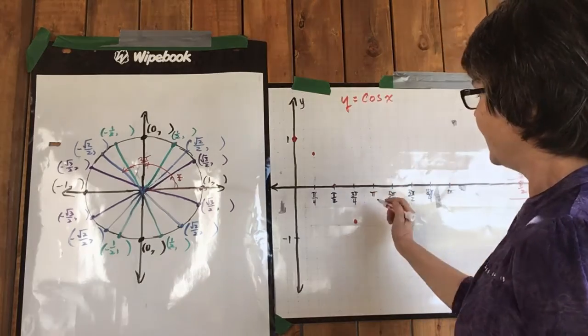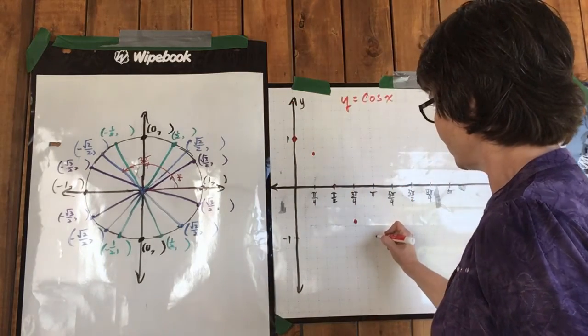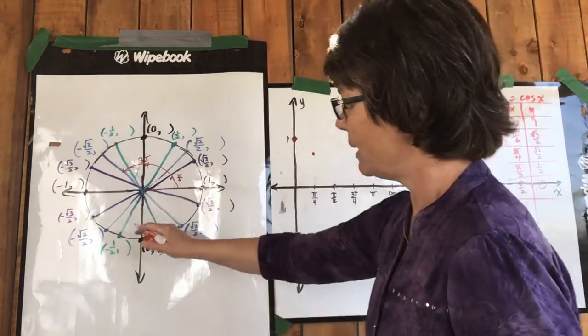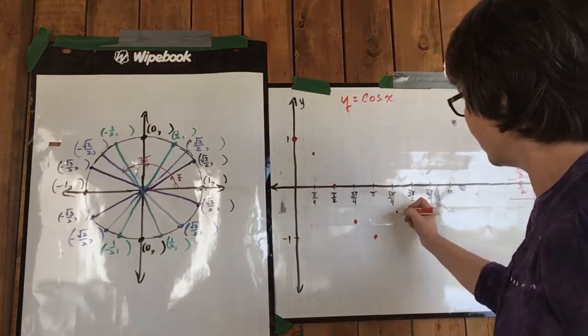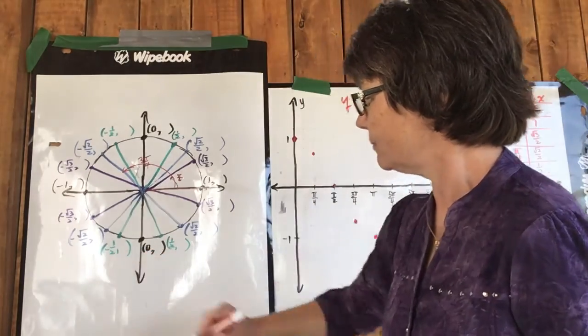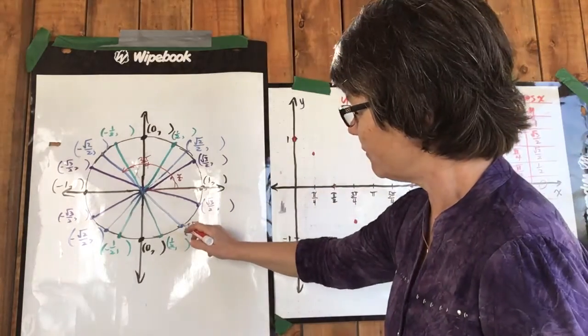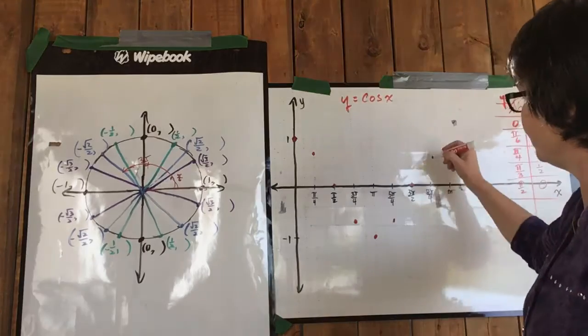Pi, negative 1. 5 pi over 4, negative root 2 over 2. 3 pi over 2, 0. 7 pi over 4, root 2 over 2.